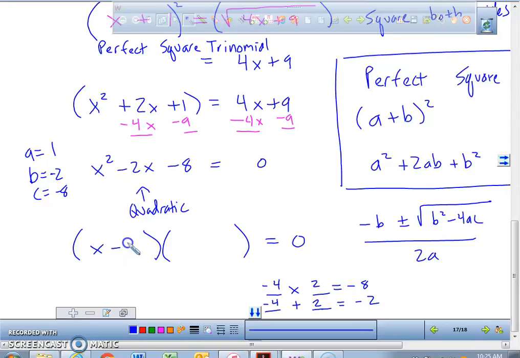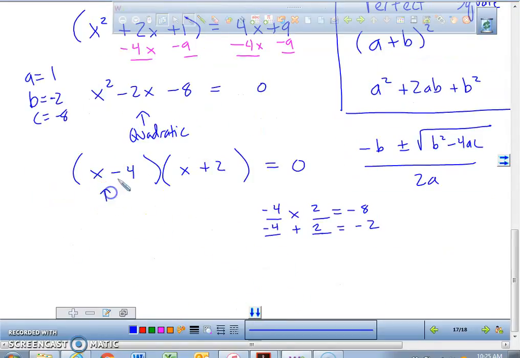So you write x minus 4 and x plus 2 equals 0. Which means, what number minus 4 equals 0? That number would be 4. And what number plus 2 equals 0? That number would be negative 2. So my solution set, everybody, is negative 2, comma 4, but only one of these works.